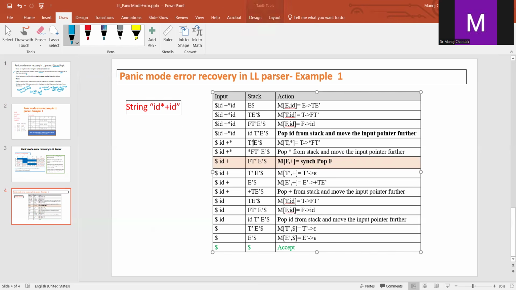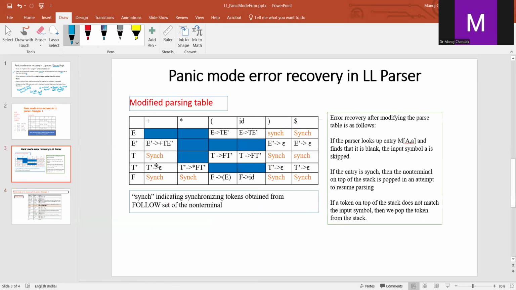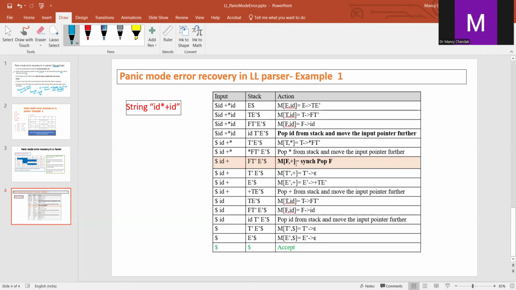Now T dash with asterisk. T dash with asterisk is asterisk F T dash, so asterisk F T dash is added. Asterisk matches, pop. Now there is a point: F with plus. What is F with plus? F with plus is sync. It means that you are allowed to pop the symbol F from the stack and continue the parsing.